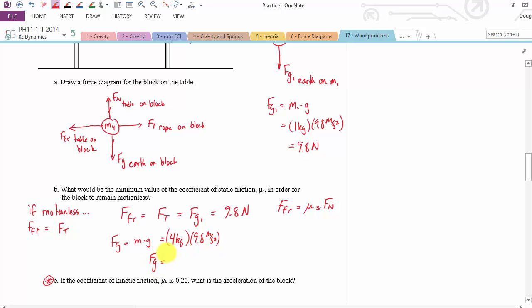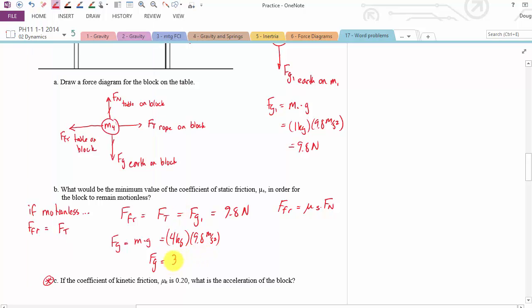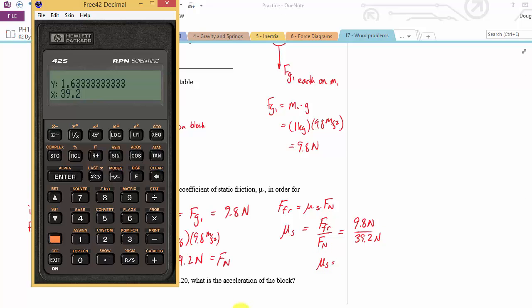So Fg is, where's my calculator, 39.2. And that's equal to Fn. So the coefficient of static friction is force of friction divided by Fn, which is 9.8 newtons divided by 39.2 newtons, and that should be 0.25.